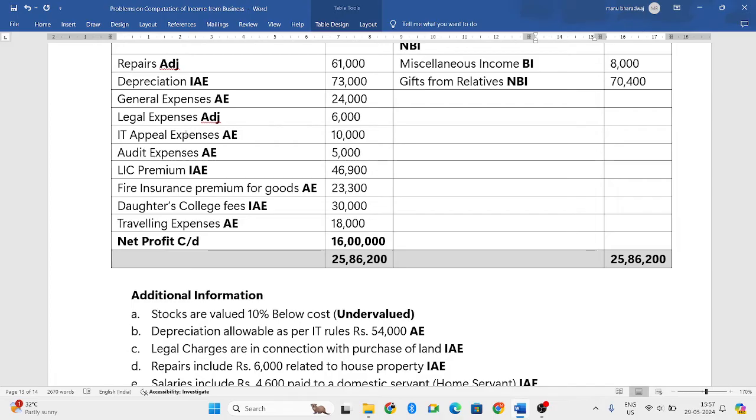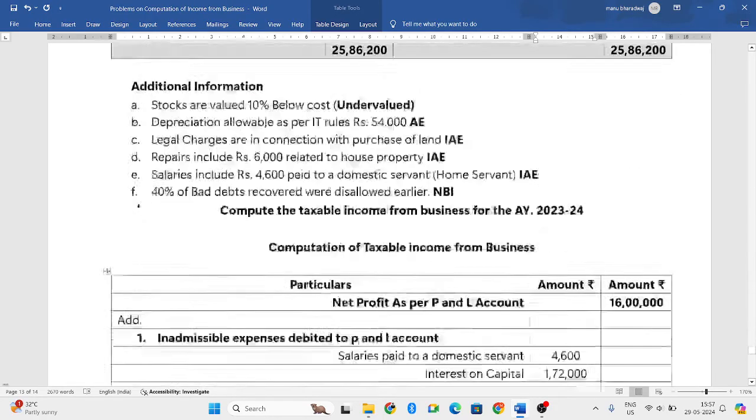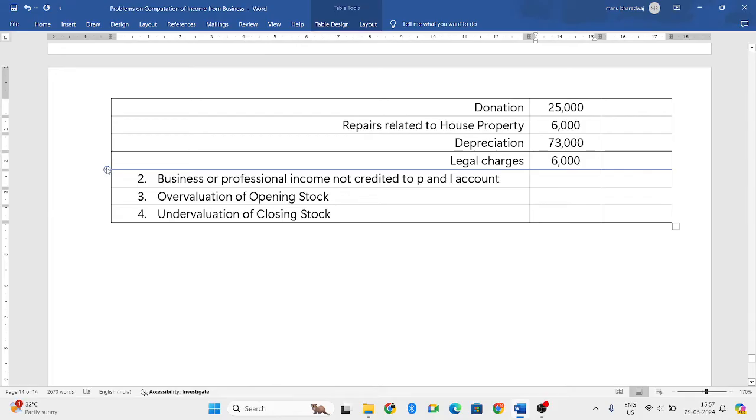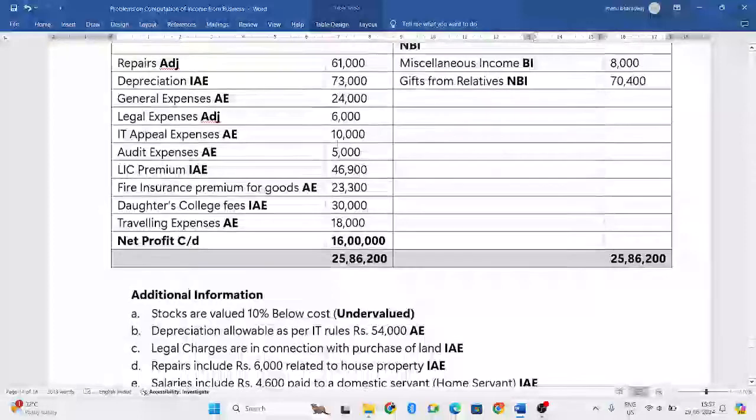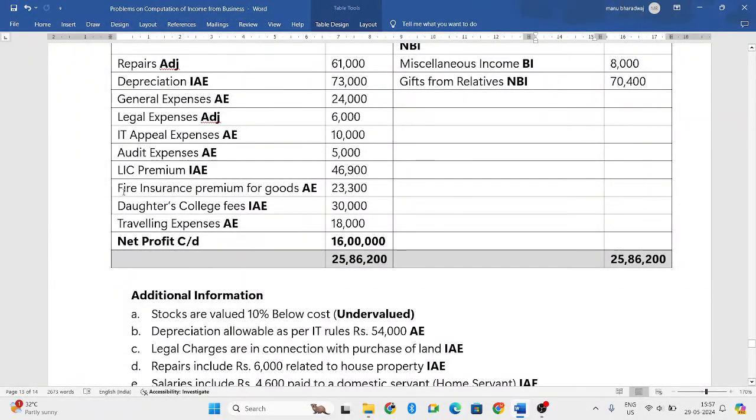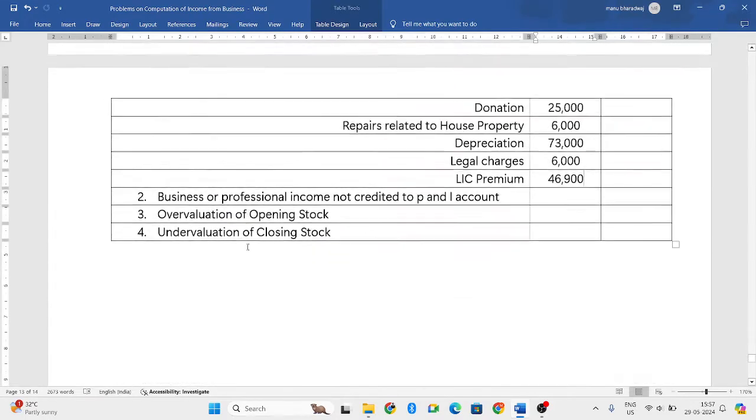Audit fees, since it is less than 10,000, it is admissible. Next, LIC premium. LIC premium is inadmissible expenses. Write down that LIC premium of rupees 46,900. Next, fire insurance premium, it is admissible. Daughter's college fees, it is inadmissible, 30,000.